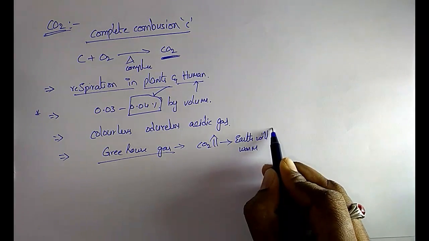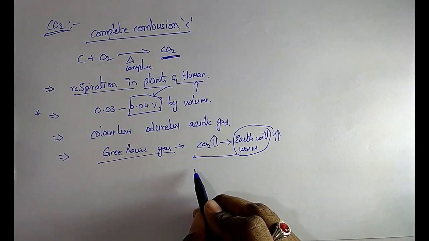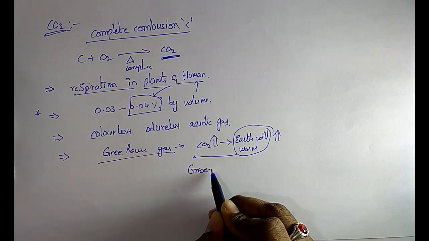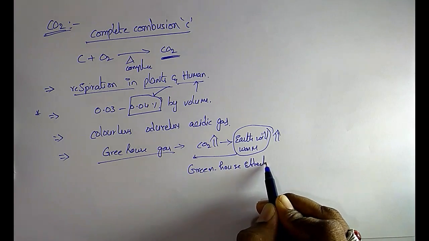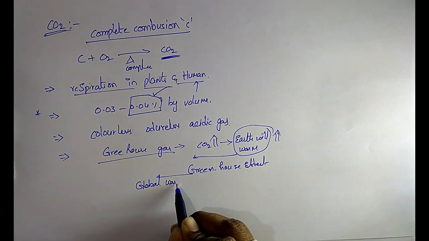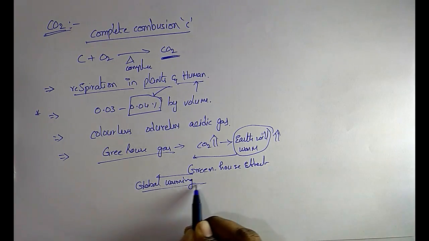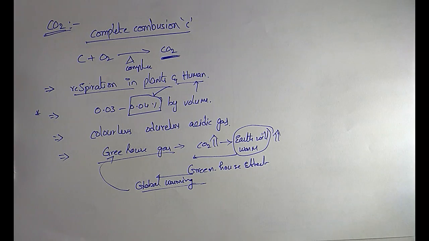That means the temperature of the earth will increase. This effect is the greenhouse effect, which is responsible for global warming. So CO2 gas is called a greenhouse gas.